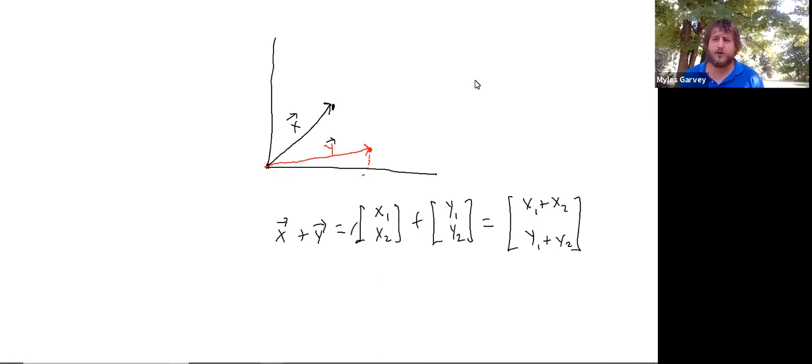But as it turns out, the addition has another geometric interpretation. Start here, and when we add the vectors, this is the source and this is the sink of the vector, origin, destination, however you want to see it. What we do to add is basically shift the y vector.